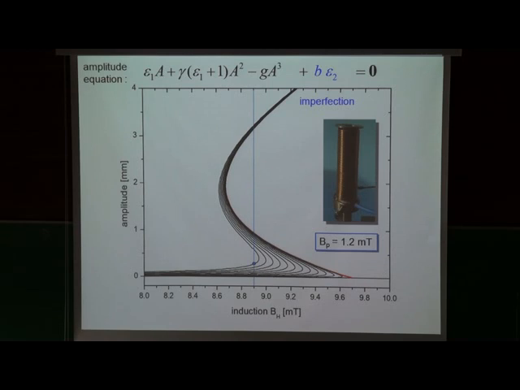And now if I increase my probe field further, you get a curve where you don't have any crossover with this line here. So this position is getting unstable, and where is it?